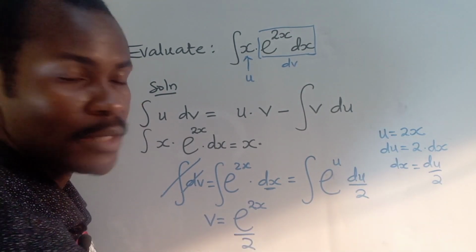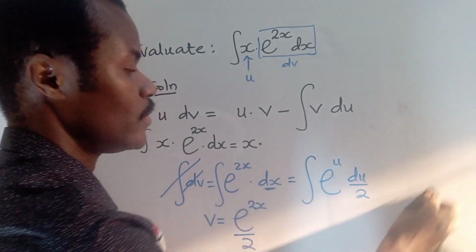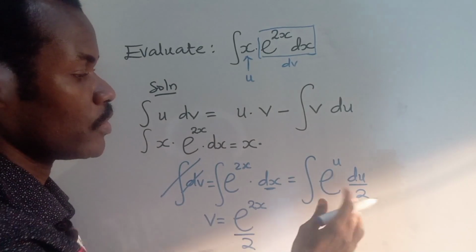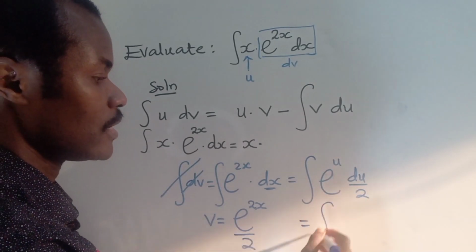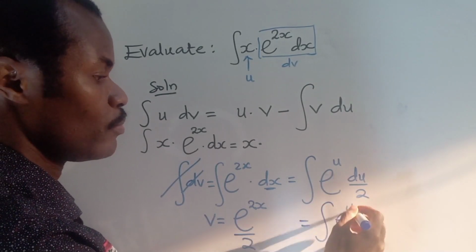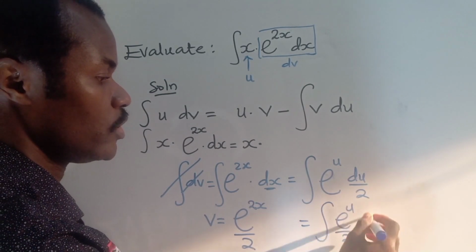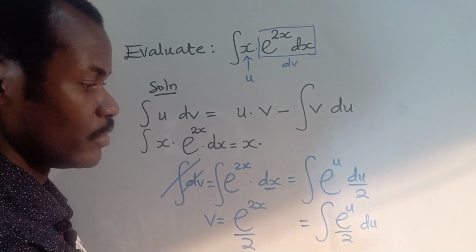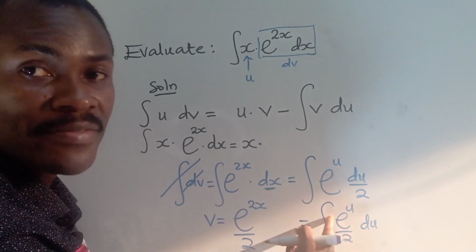So now we have been able to get our value of v, because remember, this is still the integral of e to the power of u divided by 2 du, and remember, we have the half here.